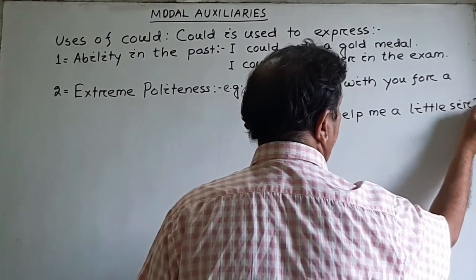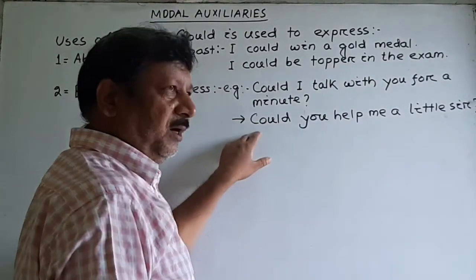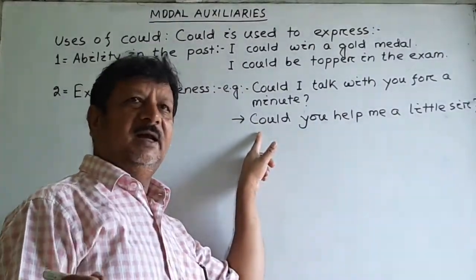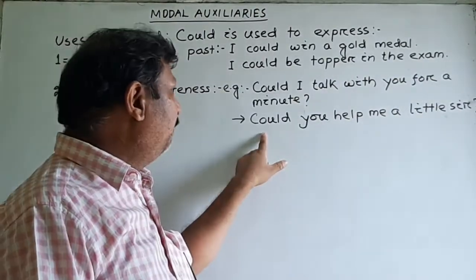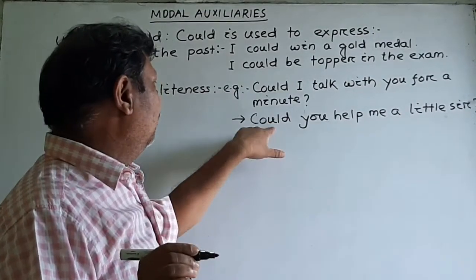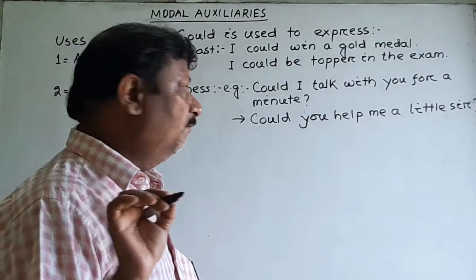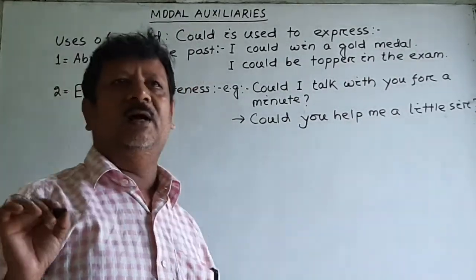See, soon after the examinee speaks this statement, the examiner will be encouraged and will sympathize with him, because the examiner knows that he has used the modal could, which expresses extreme politeness.